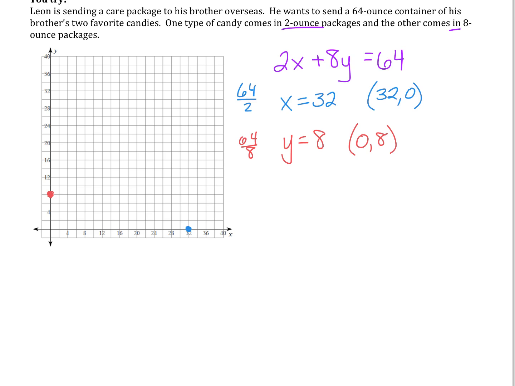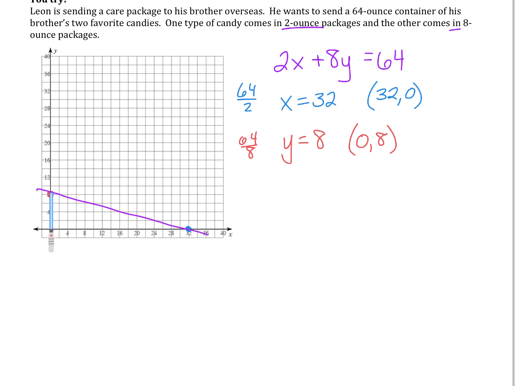So let's talk about the meaning of this line here. Yeah, not bad. All right. So what this line is telling me is different possible combinations for the two different types of candy to use up the 64 ounces. So the brother could buy 0 of one kind of candy and all of the other.